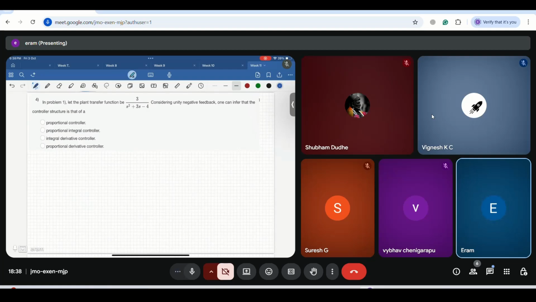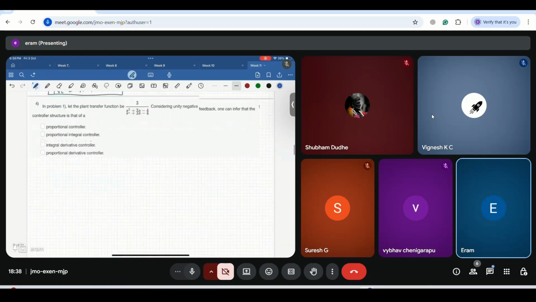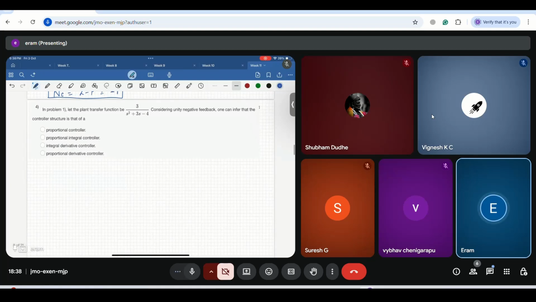So in problem 1, the transfer function which was given to you was 3 into s plus 3 divided by s square plus 3s minus 4. Now your new transfer function is 3 by s square plus 3s minus 4.